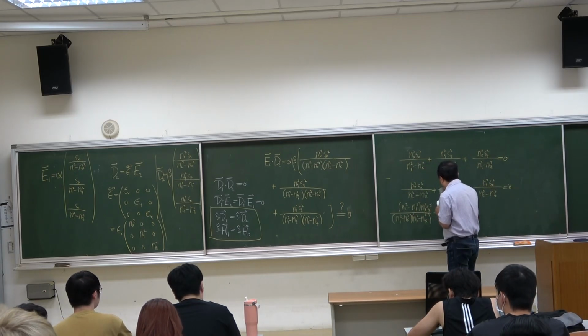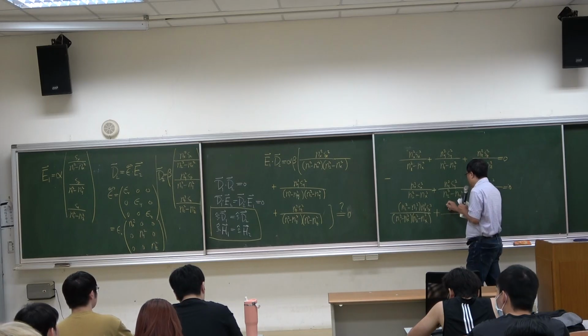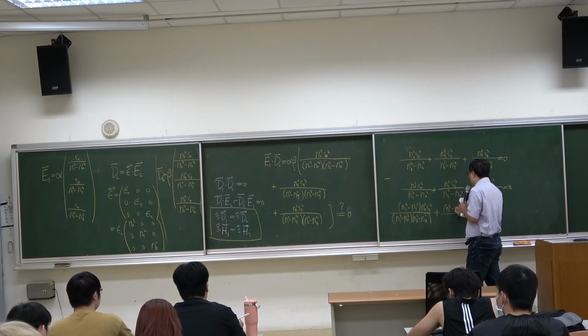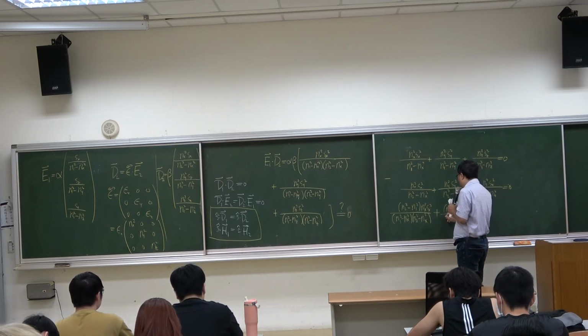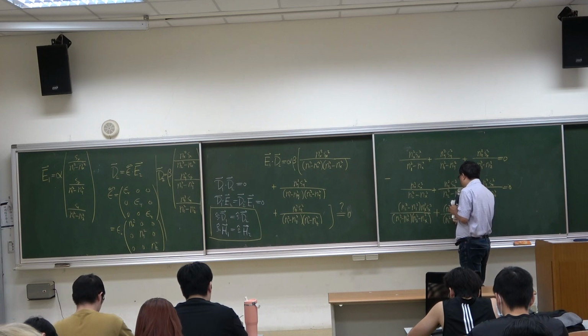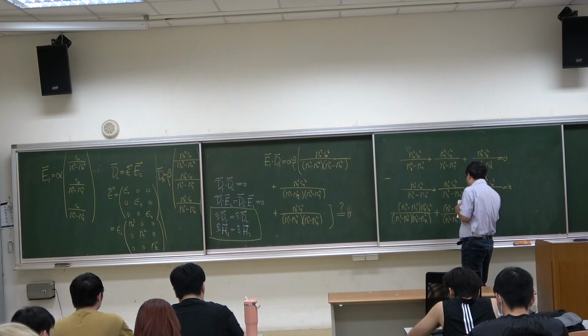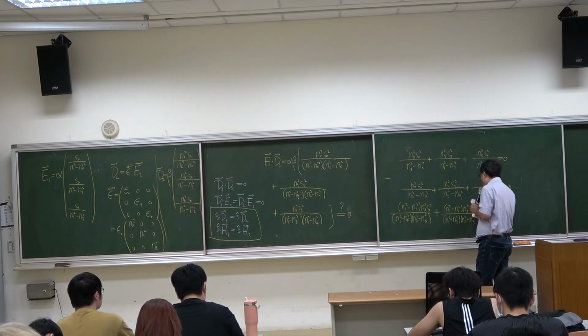The second term, we also get n2 squared minus n1 squared times ny squared sy squared over n1 squared minus ny squared times n2 squared minus ny squared.